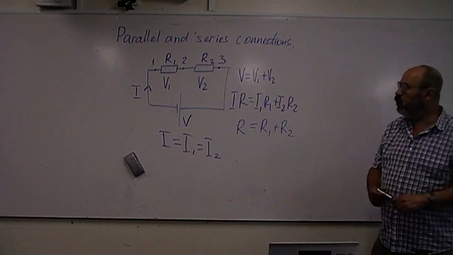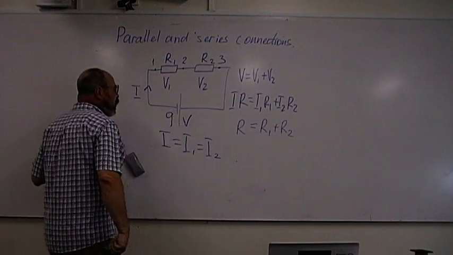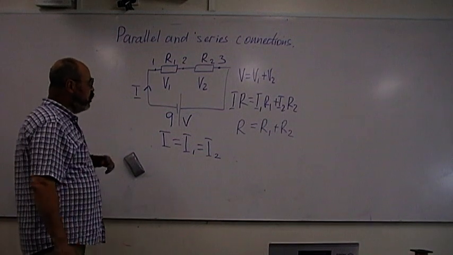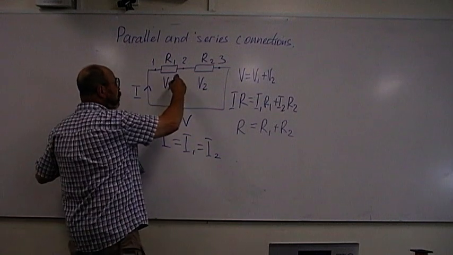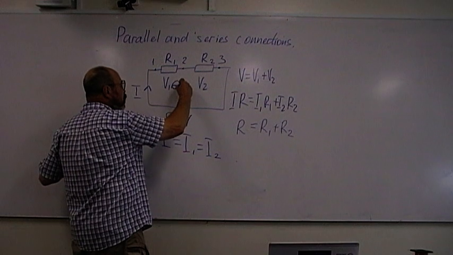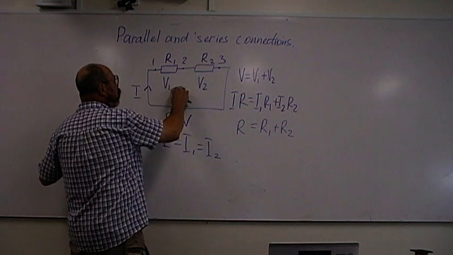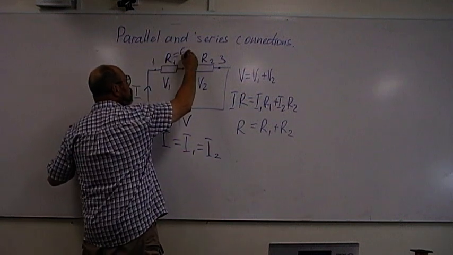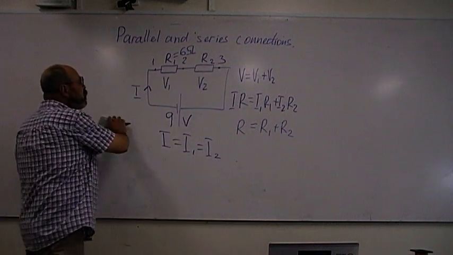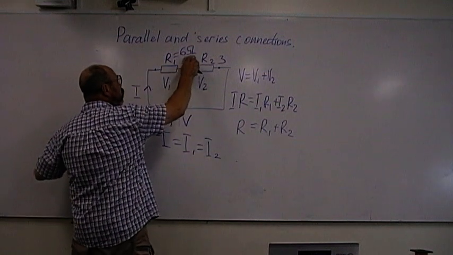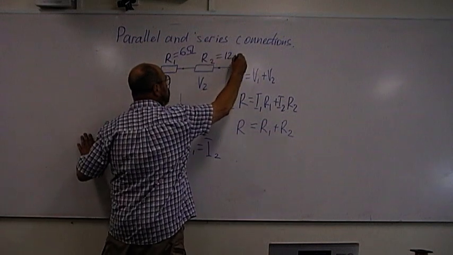Simple example. Let's say we have connected voltage 9 volts, and we have resistor 1 equal to 6 ohms, and resistor 2 equal to 12 ohms.